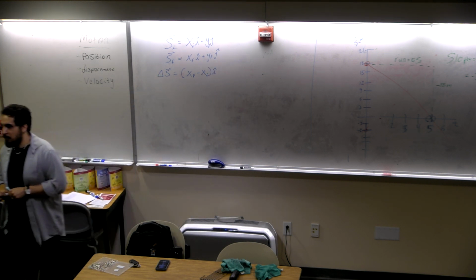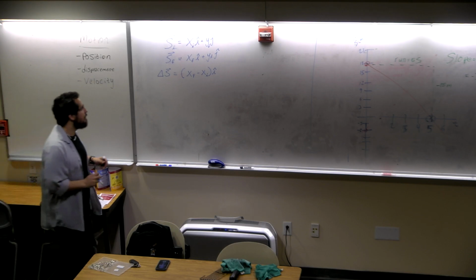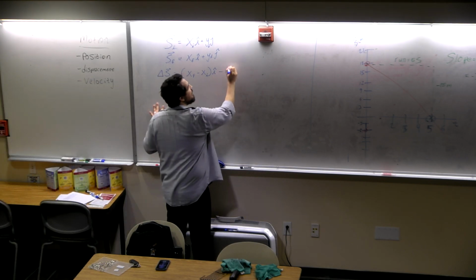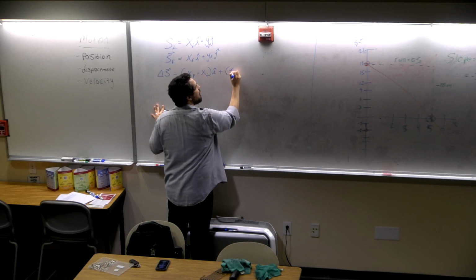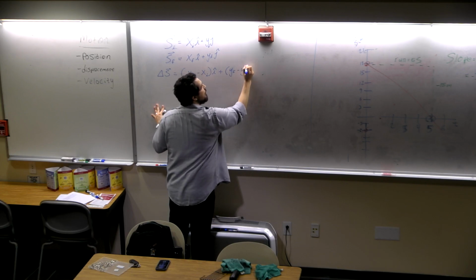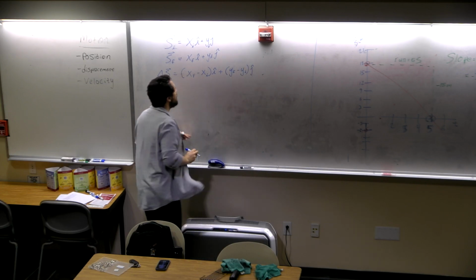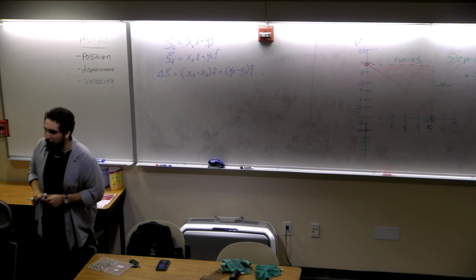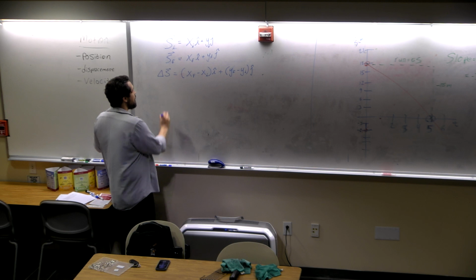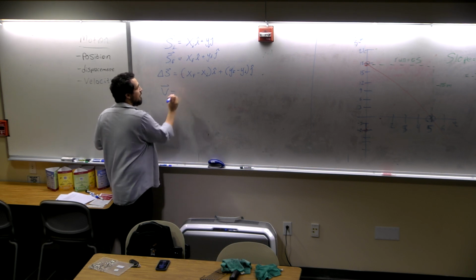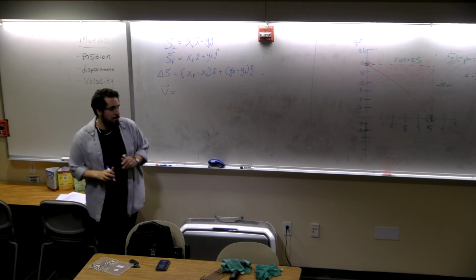Our velocity, yes, it is defined to be the derivative of our position with respect to time. But if it is the case that the velocity is unchanging, meaning it's not speeding up, it's not slowing down, it's not changing direction.